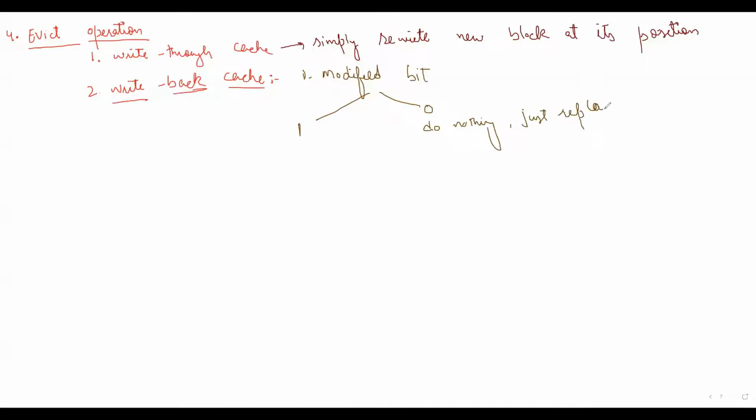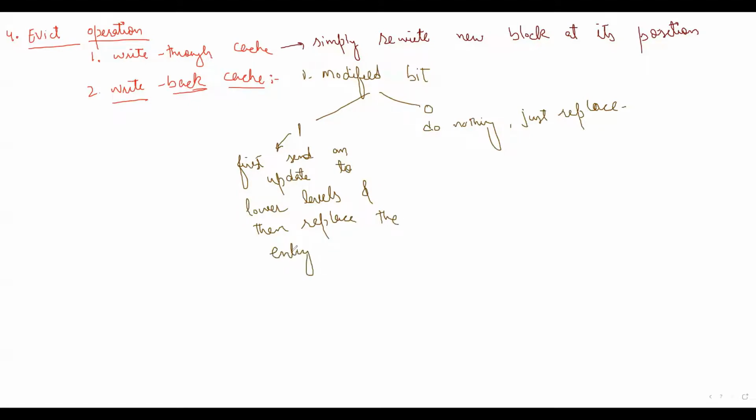However, if the modified bit is 1, then first send an update to lower levels and then replace the entry, or we can say evict the entry. So this is about the evict operation.